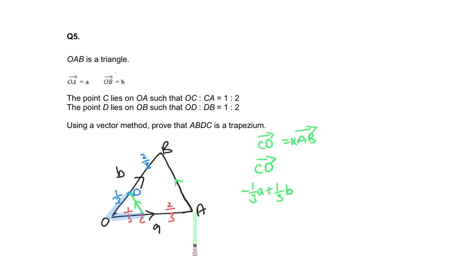It's just negative A plus B. Well, we can clearly see that if that negative A plus B is multiplied by a third here, and negative A plus B is... Okay, one is a multiple of the other, so therefore we've proved they're parallel.